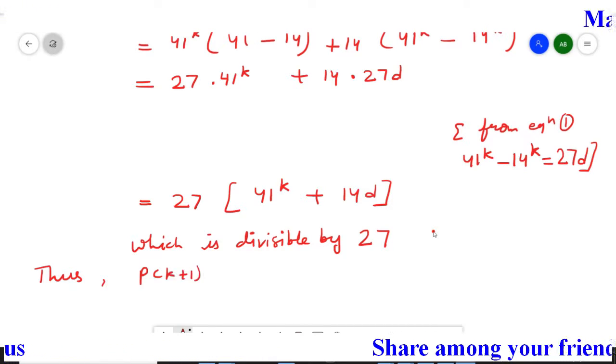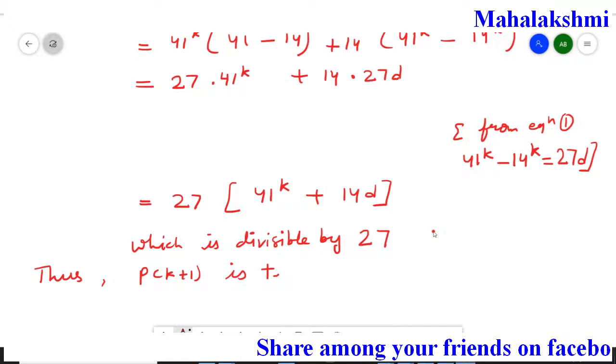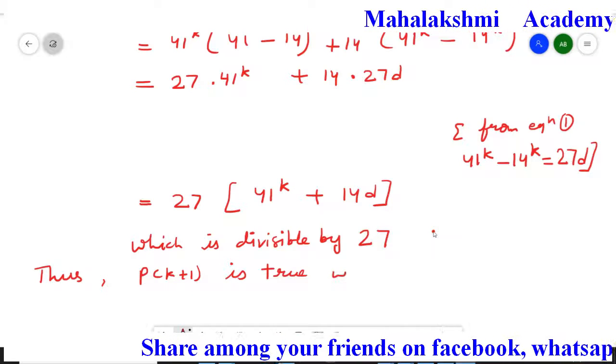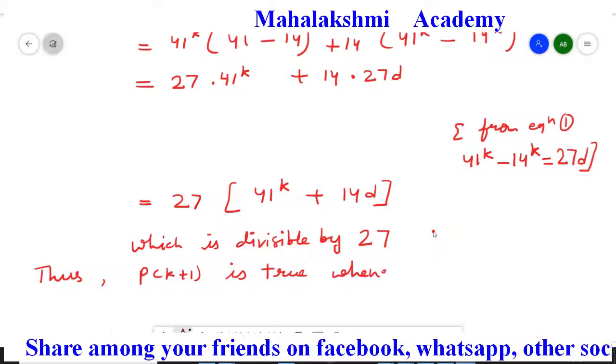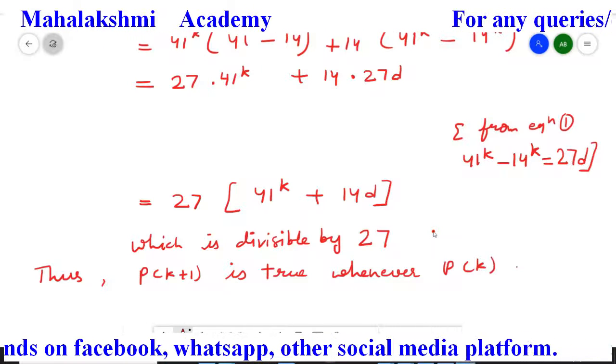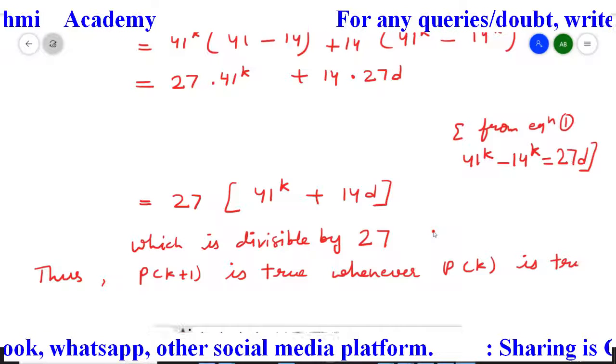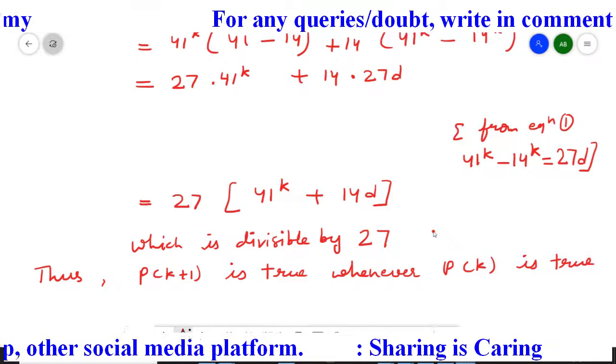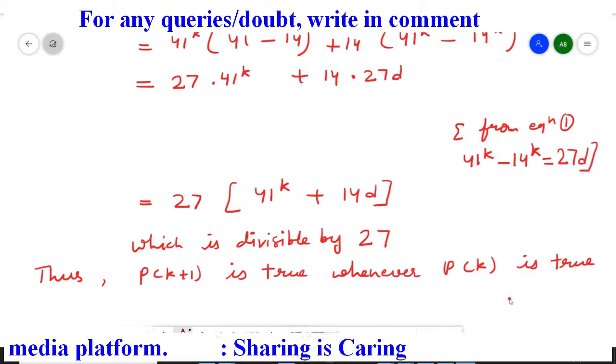So we write here: P(k+1) is true whenever P(k) is true. Then the last concluding statement we have to write here.